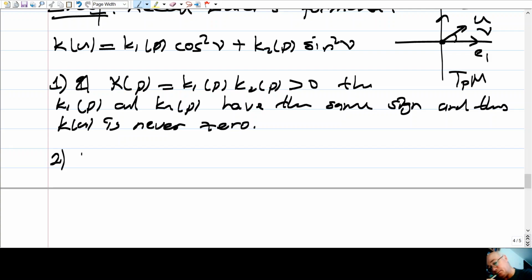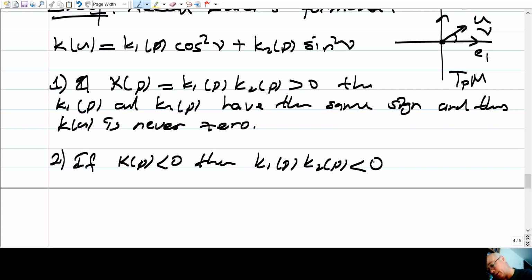If Kp is negative, then of course k1 times k2 is negative. So one of them is positive, the other one is negative.